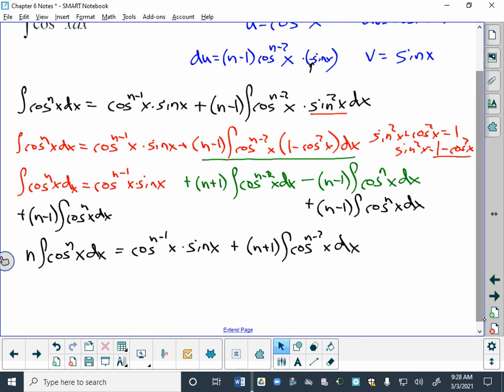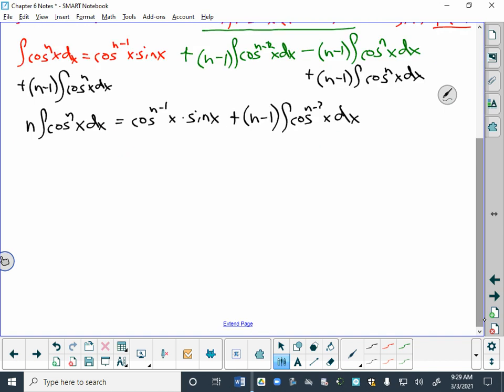I'm not sure how my n minus 1 here became an n plus 1. We should probably change that back to an n minus 1. Well done if you saw that and were screaming at the screen earlier, saying, why did you change that?